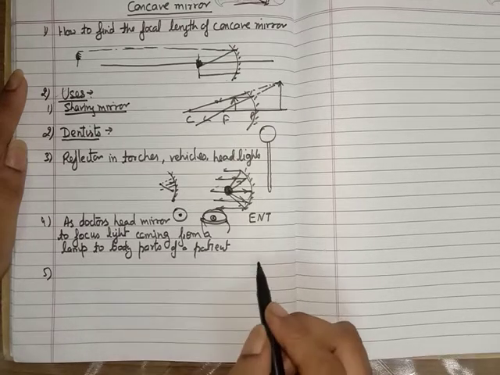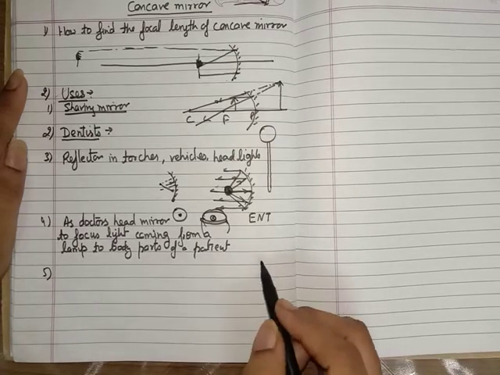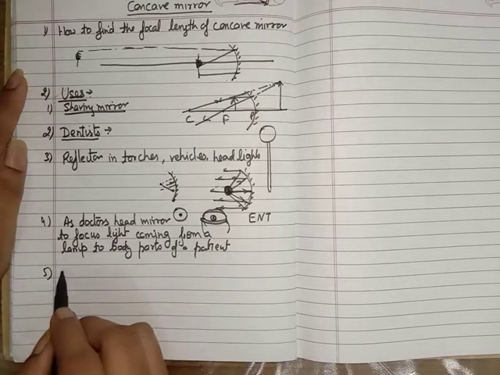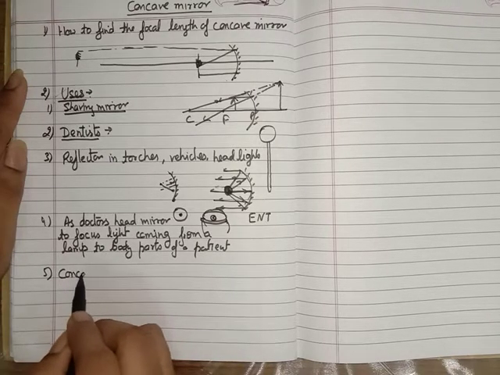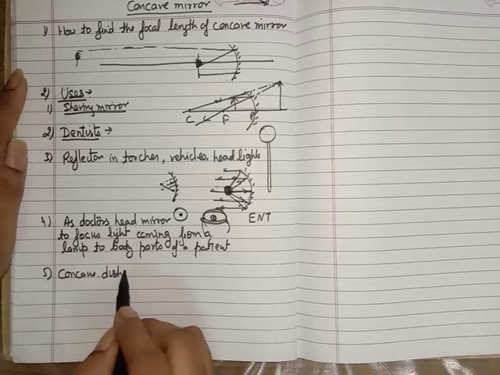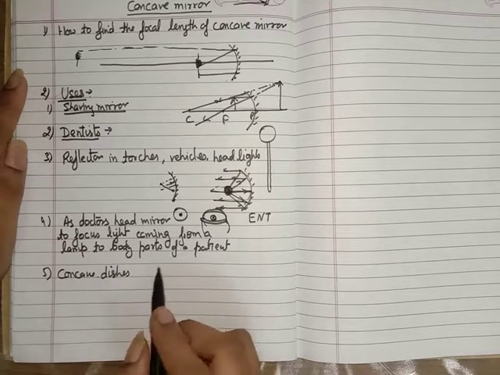Also, you have seen the concave mirror is used as a dish. Concave mirror is also used, not the mirror, actually the concave surface. Concave dishes you have seen in your homes also, in your house.